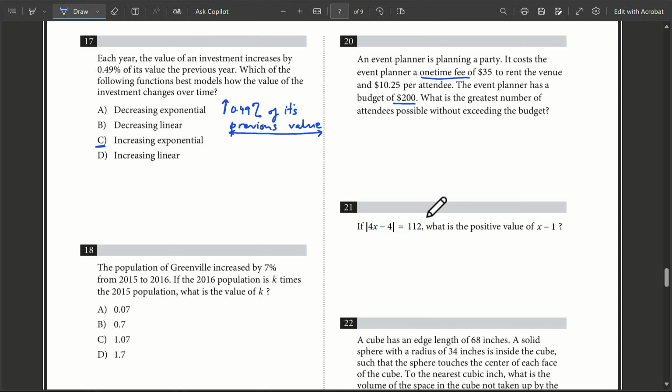Okay, so when we are asked to find the greatest number, whatever value we find, especially if it's a decimal, we're going to round down. Okay, so we're going to let x be the number of attendees.